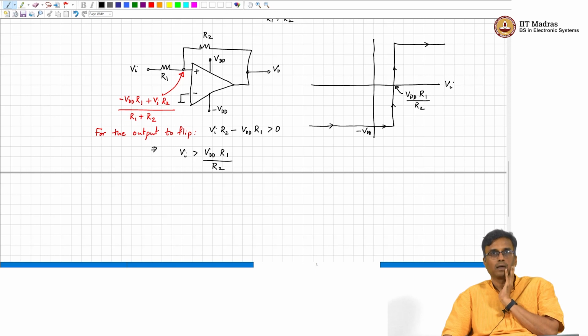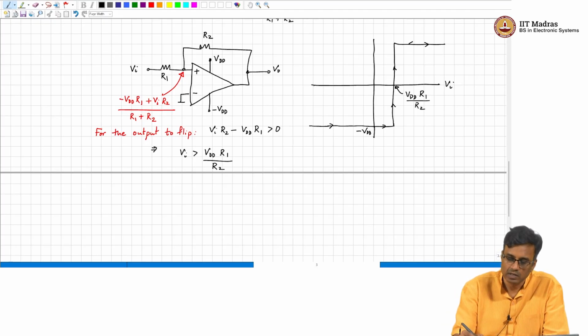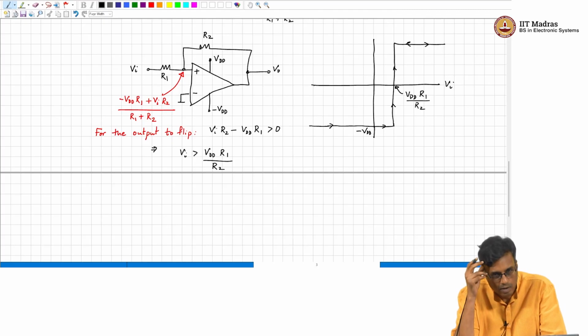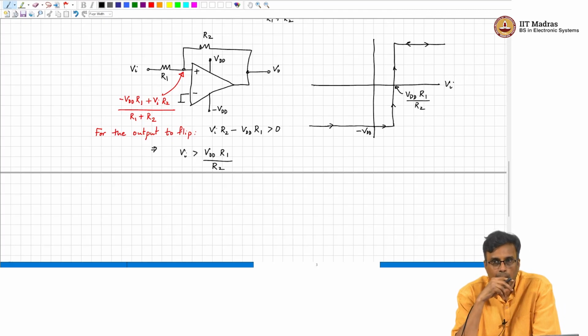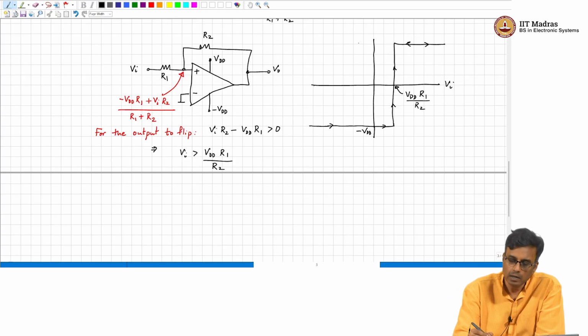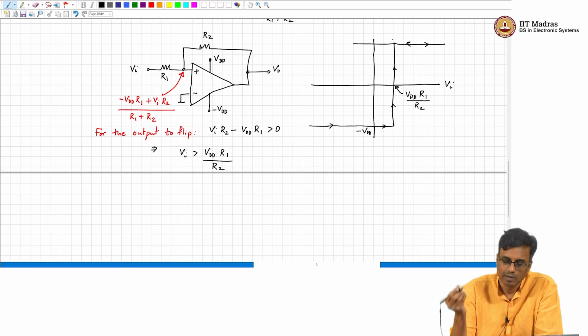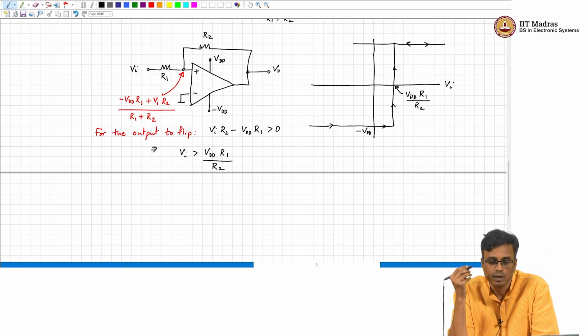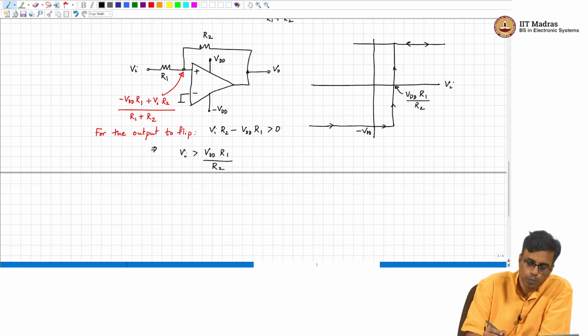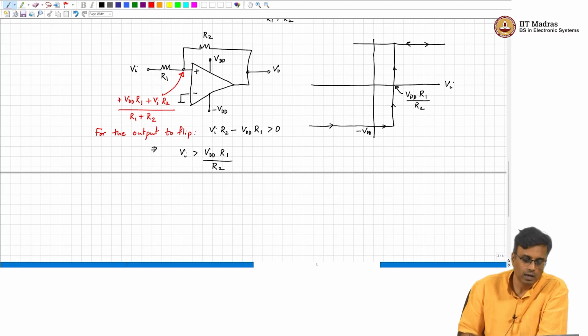Okay. And what happens when you start from a large positive value and start going backwards, you start reducing the input. Pardon? Yeah. So, when the output is large and positive, then this becomes plus VDD.